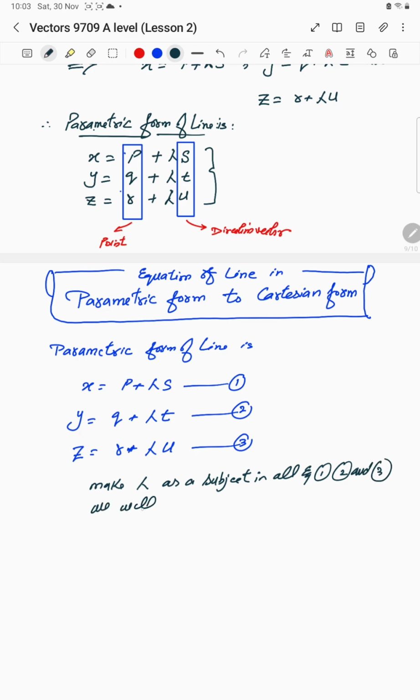If you make lambda the subject, from the first it will be lambda equal to x minus p by s, from the second lambda will be y minus q by t, and from the third we get lambda is z minus r by u.